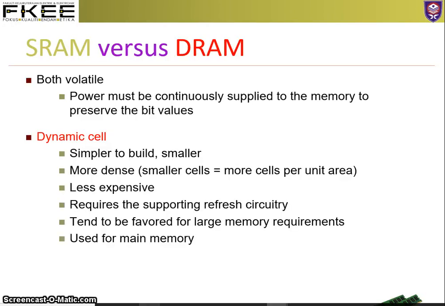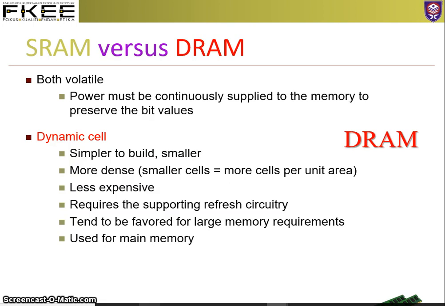And for the dynamic cell or DRAM, it is much simpler to build and smaller. It is more dense and less expensive, but it requires refresh circuitry because it uses a capacitor to hold the information. So the capacitor will leak the value, so you need to refresh the circuit.